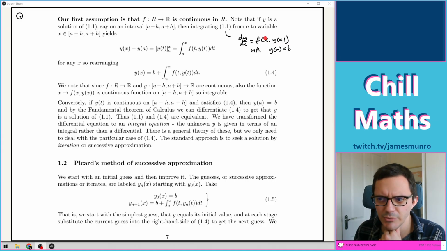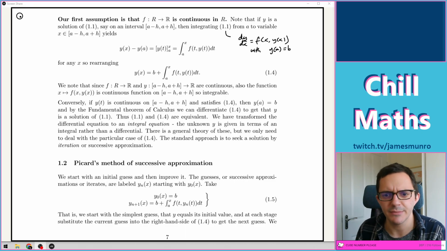So in this course we're just looking at a function of one variable. y, which we're solving for, is just a function of one variable, but the function on the right hand side is a more complicated object because it can depend on x and y. So I think we might be doing just a boring old function for y of x.